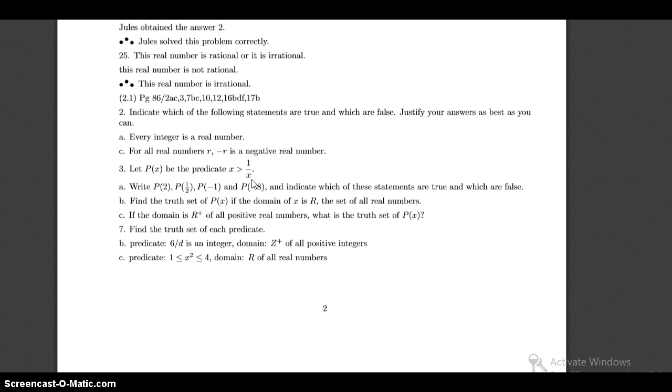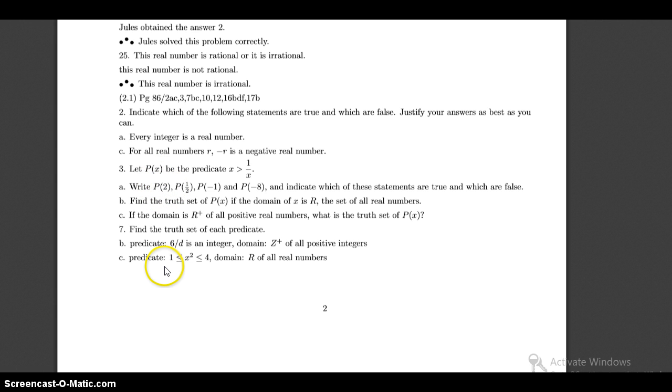So when we pick numbers, we shouldn't pick 0 for x. Now, like we said before, we like to use symbols to represent any statement. So x is greater than 1 over x, we call this inequality P of x.